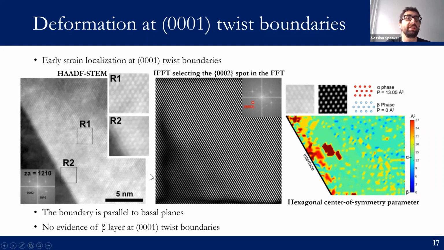The basal plane stacking is presented in the inverse fast Fourier transform image that has been obtained selecting the 0002 spot in the fast Fourier transform of the high resolution micrograph. And this basal plane stacking reveals that the grain boundary plane is actually parallel to the basal plane.